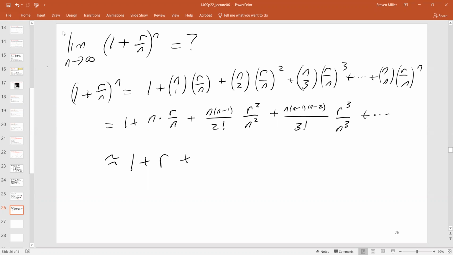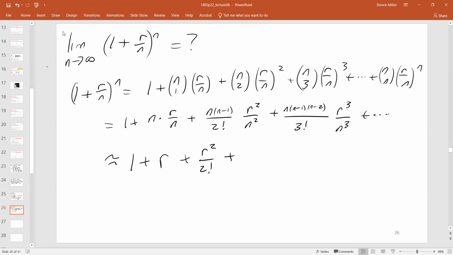So think of n as really, really big. We can cancel one of the n's, so it's just n minus 1 divided by n. What is n minus 1 over n when n is huge? 1. So as n gets really, really large, the next term looks like r squared over 2 factorial.